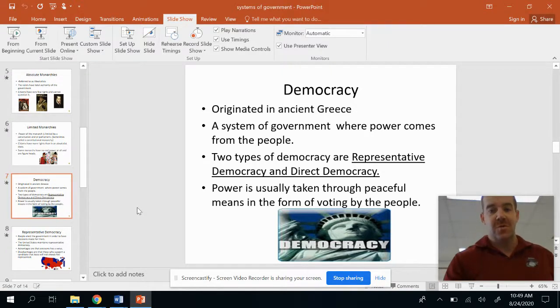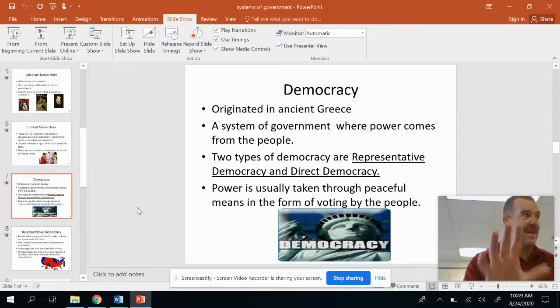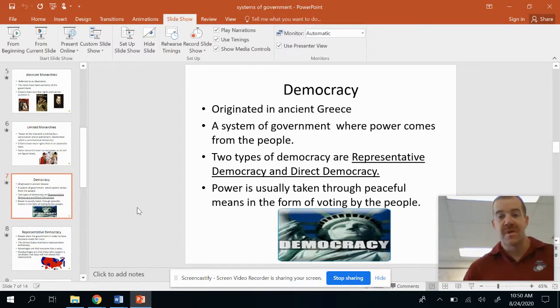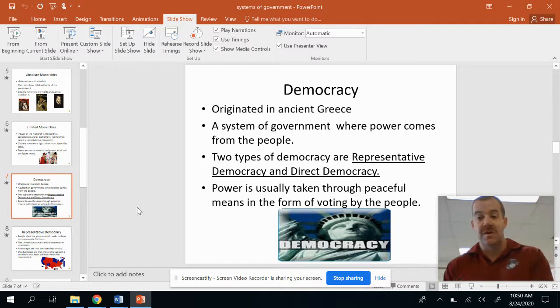The two types we'll look at are representative democracy and direct democracy. In a democracy, the power originates with the people. So power comes from the people. A typical characteristic of a democracy is a peaceful transition of power.